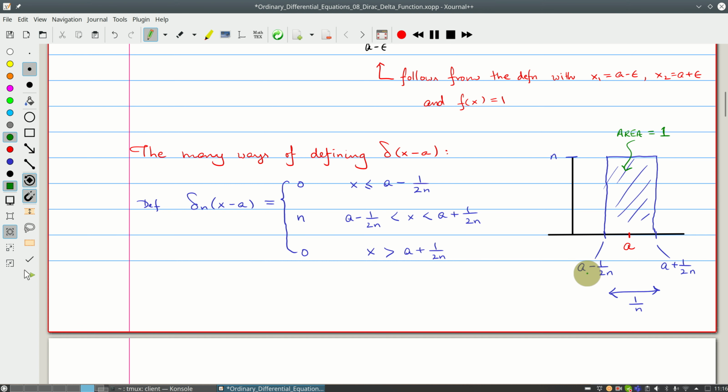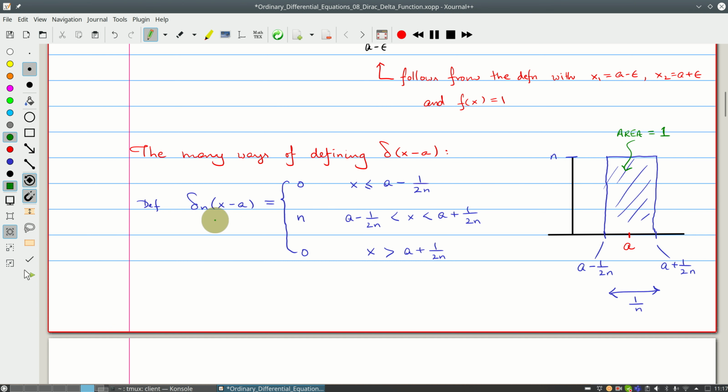It's 0 if x is less than or equal to a minus 1 over 2n. So it's 0 on this side, it's 0 on this side. And in between these two limits of a minus 1 over 2n and a plus 1 over 2n, this function is equal to n.